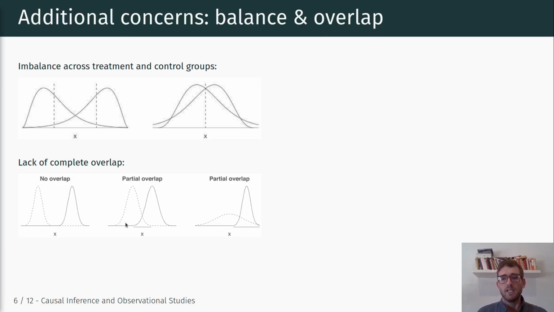Okay. Another related problem, or a resulting problem, is that if we want to make inferences about ranges of observations that fall outside of this overlap, ultimately our inferences will be much more model dependent.